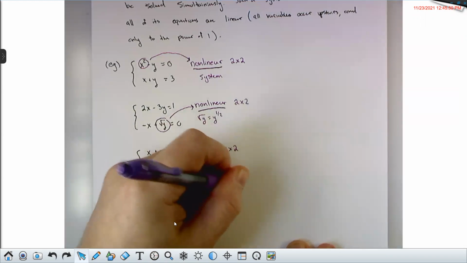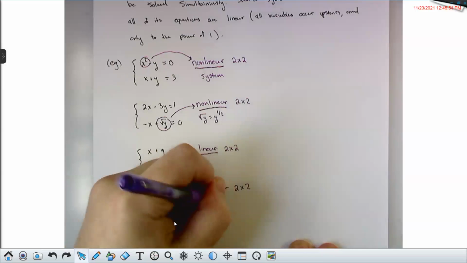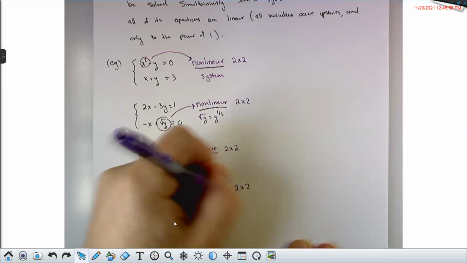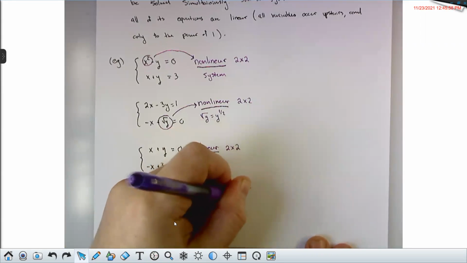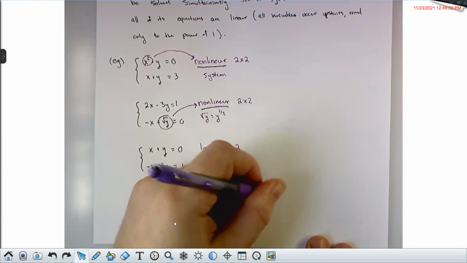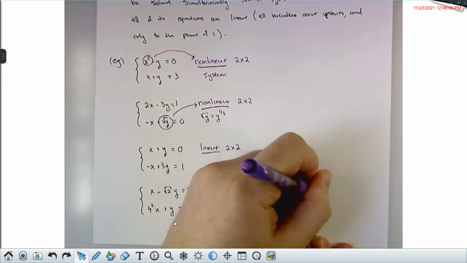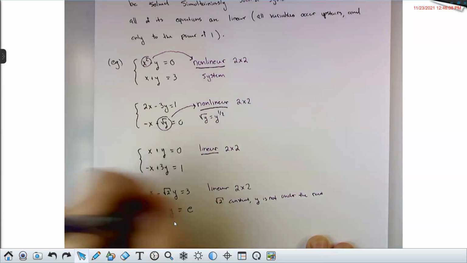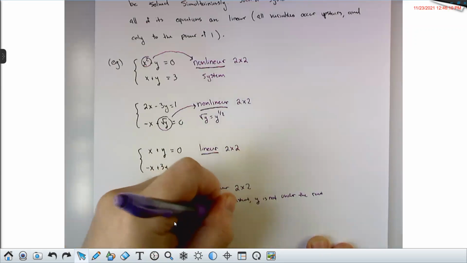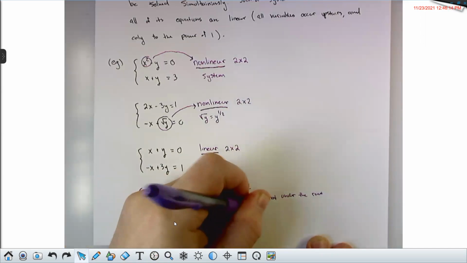So this is a linear 2x2 system also. The square root of 2 is just a constant. Y is not under the root. And similarly here, the 4 squared, that's just 16, also a constant.